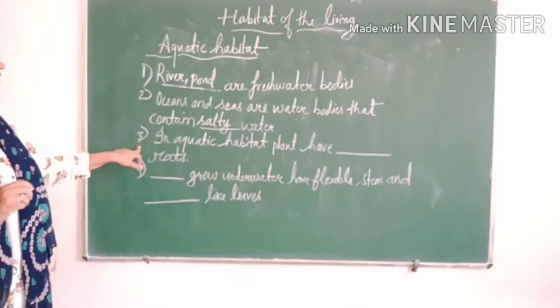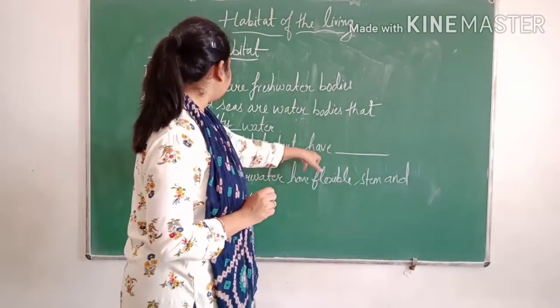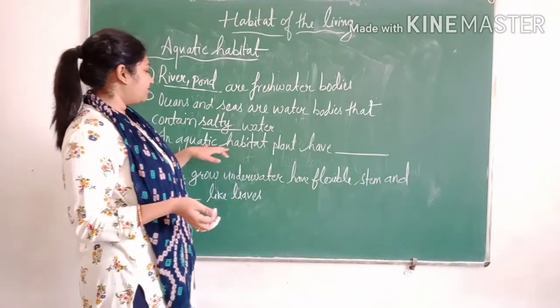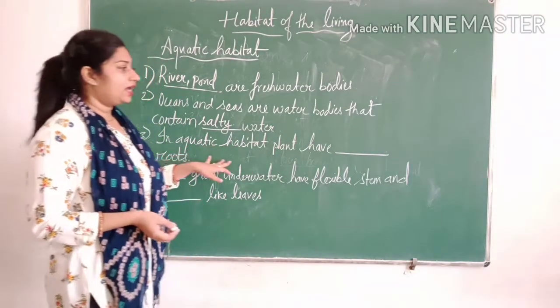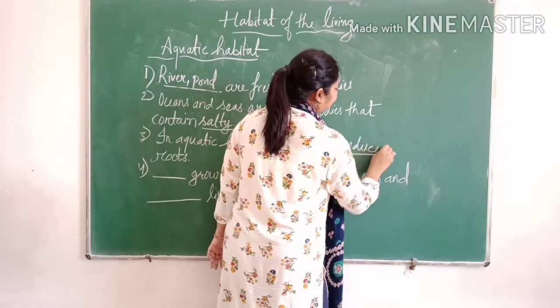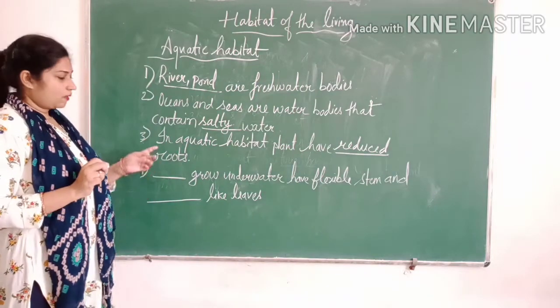Next, third one. In aquatic habitat, plants have dash roots. So what kind of roots do plants generally have in aquatic habitat? It is reduced roots. And then the last one.